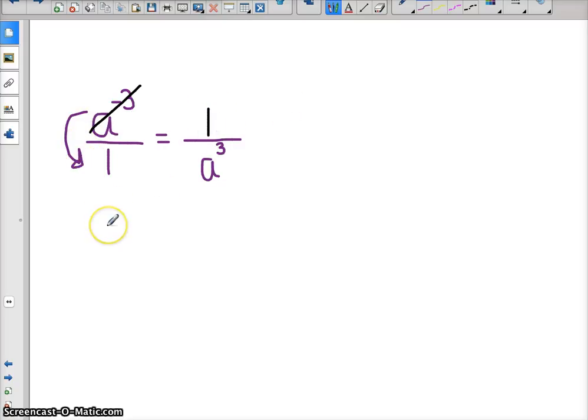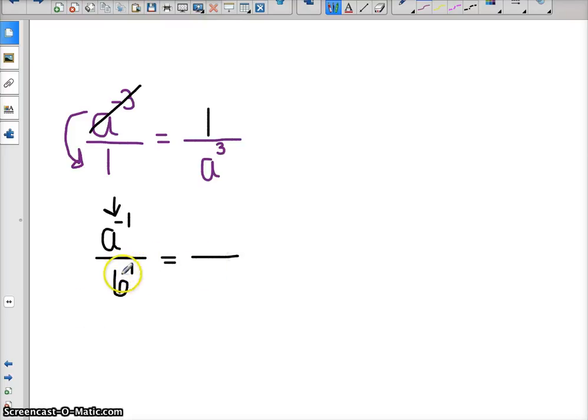Let's look at another example. Let's take a to the -1 power divided by 6. And let's make this negative exponent positive. If we use our rule, the 6 does not move because it's raised to the +1 power.